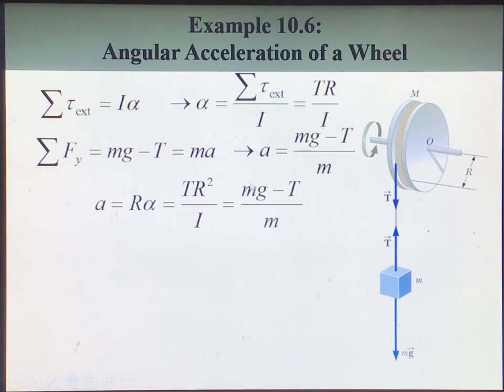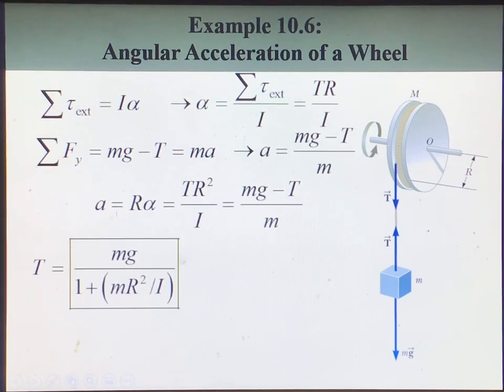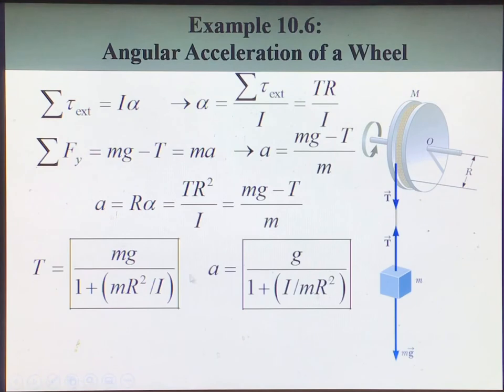If you set this equal to that and rearrange the equation, you get your force of tension, which equals this. Now that you know the force of tension, you can substitute it into this equation here to get the acceleration.